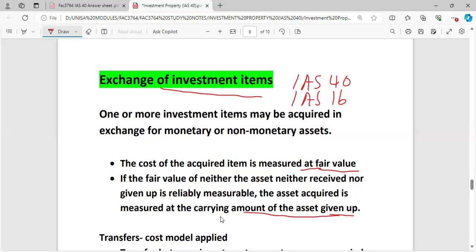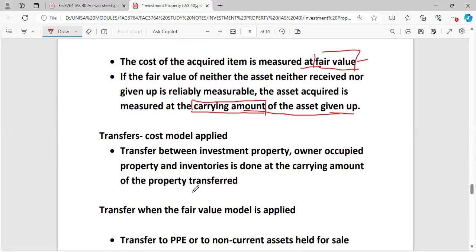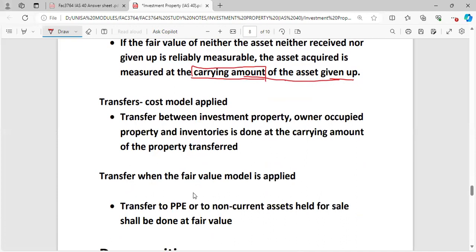So if the fair value has been determined, then you are going to exchange using the fair value of the given up asset. But if no fair value, then you are going to determine the cost using the carrying amount of the asset that is given up. So in your question, you should have either one of these and the fair value as well, so that you can be able to determine the cost of the investment property.